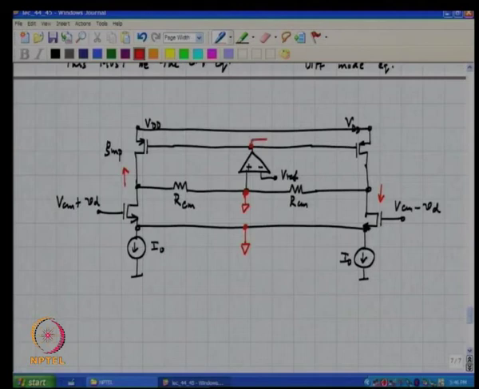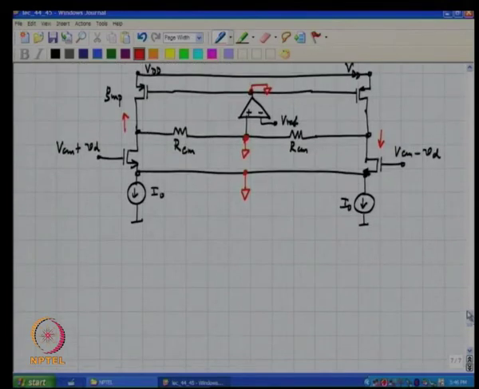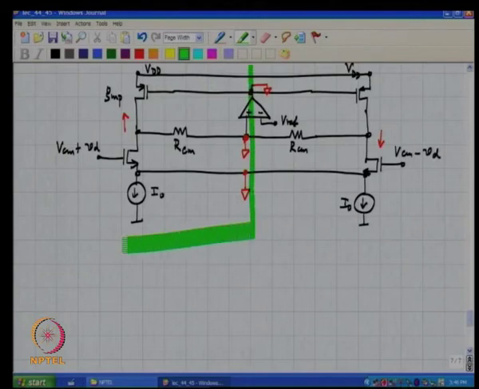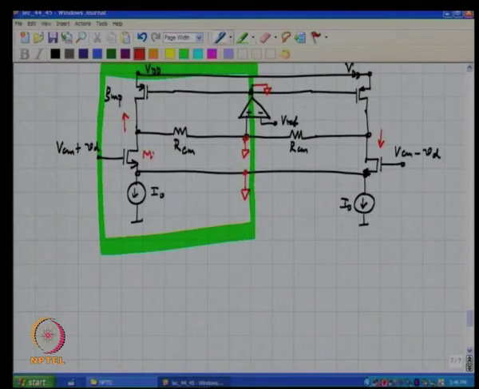So, for differential mode signals, what is happening is that we have an equivalent circuit which looks like this, where the transistor M1 is grounded at the source, and in the drain what do we have?